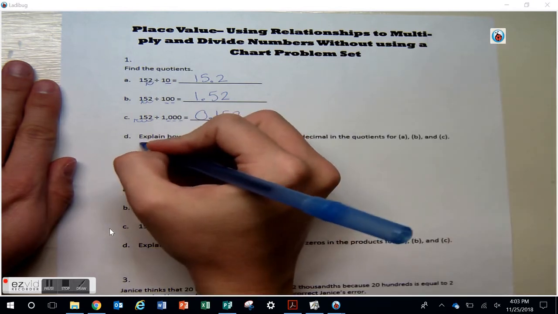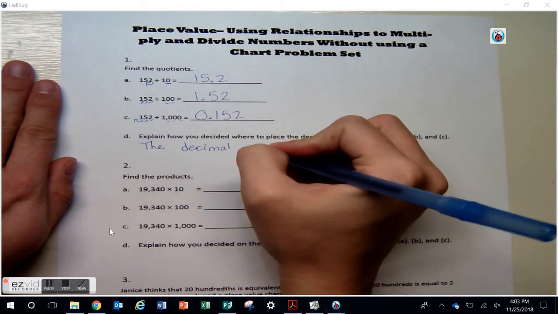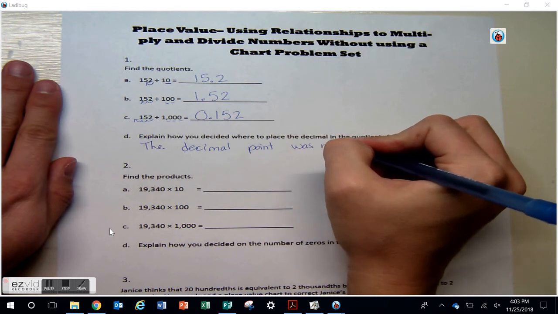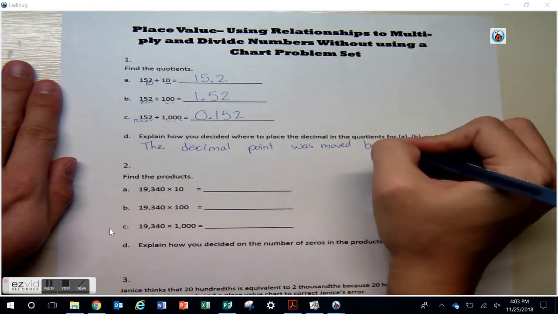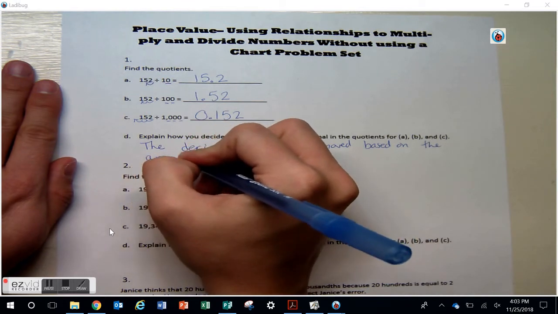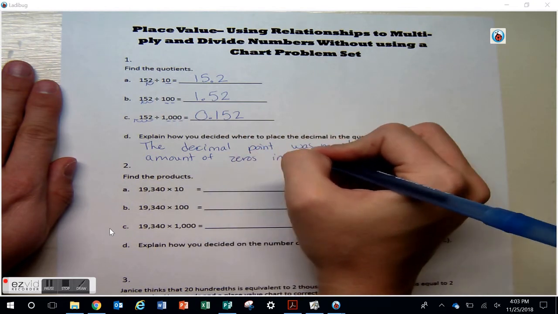The decimal point was moved based on the amount of zeros in the problem.